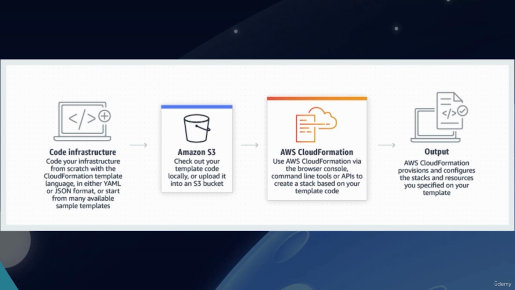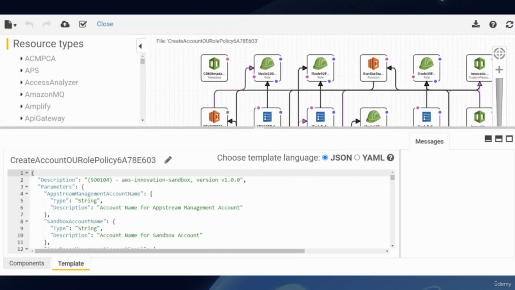Or of course, we could also use an application that uses one of the many software development kits. Either way, you will use the CloudFormation service to read that CloudFormation template in that Amazon S3 bucket. And then the CloudFormation service will create a CloudFormation stack that will contain all of those resources that are defined in that template.